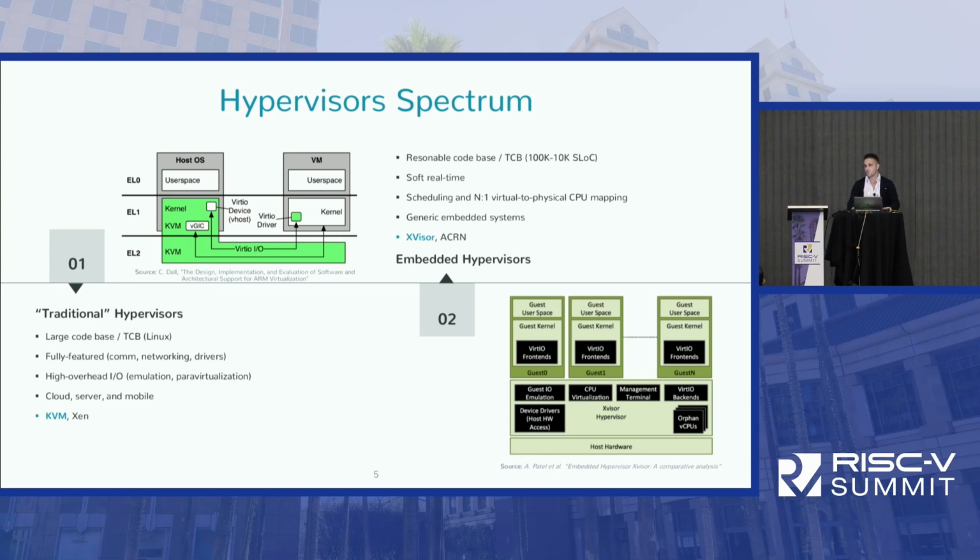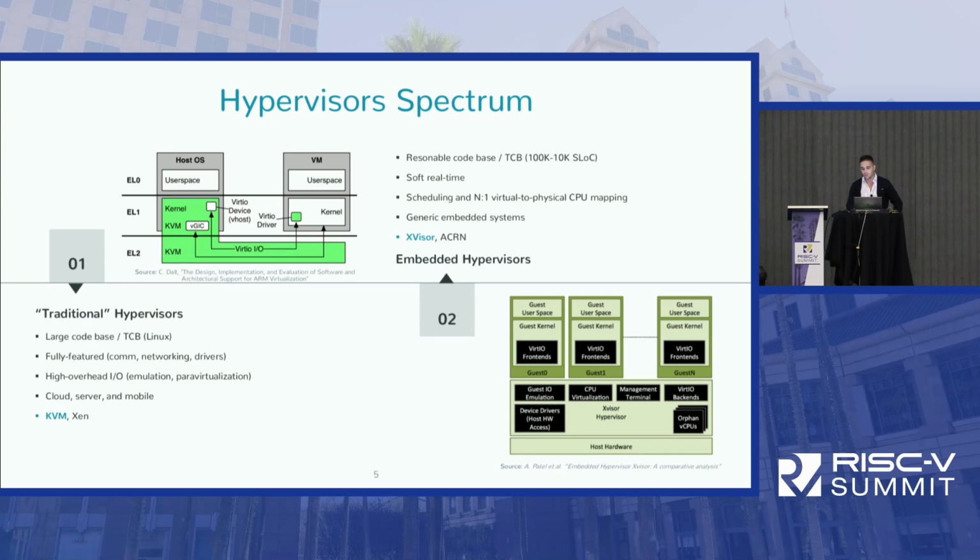They have plenty of features for communication, networking, and drivers, but they have high I/O overhead, which means they have a performance impact and a TCB impact in terms of security. A large code base means more prone to bugs, which means more potential vulnerabilities, but they are really fully featured in that sense.